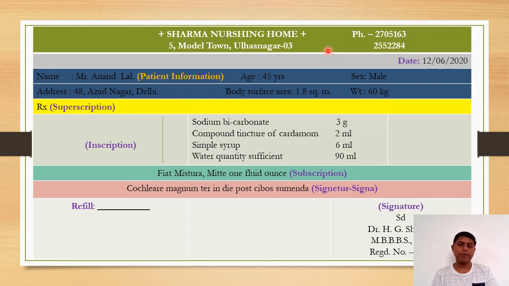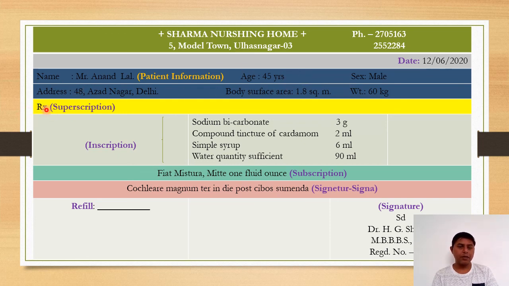Then comes the date mentioned on the prescription. Then the patient information: name, age, sex, address, body surface area and weight of the patient are given, because these all have their own significance.